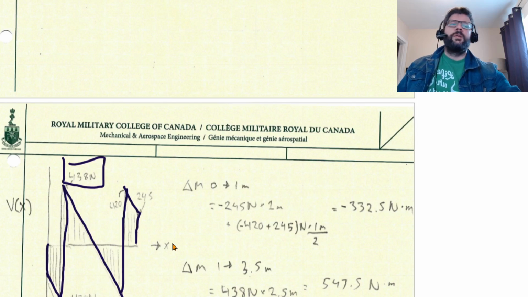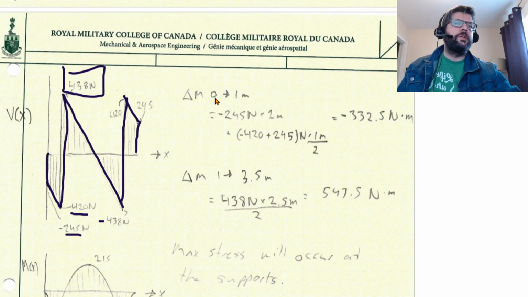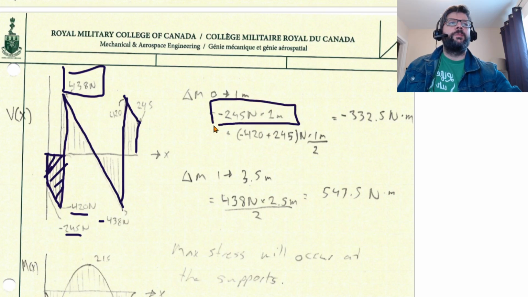So, based upon our shear diagram, we can figure out the change of the moments. From 0 to 1, it's just going to be based upon the area here. So the area there is going to be 1 meter times negative 245 newtons plus the negative 420, plus the 245.